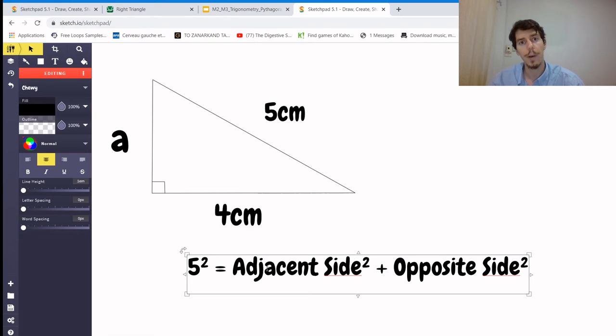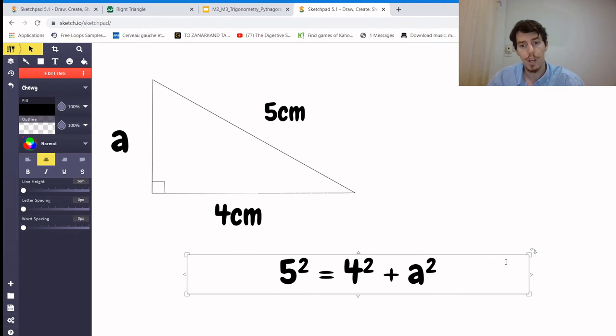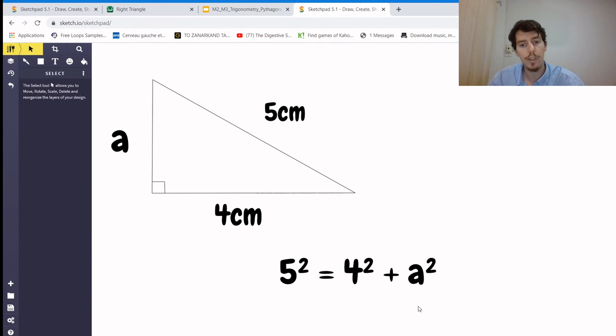So we write 5 square equals adjacent side square, so let's say the adjacent side is 4, plus the opposite side square. We're going to say the opposite side is a. We write Pythagoras with the numbers from the exercise, 4, 5, and a, and we get this equation here: 5 square equals 4 square plus a square.